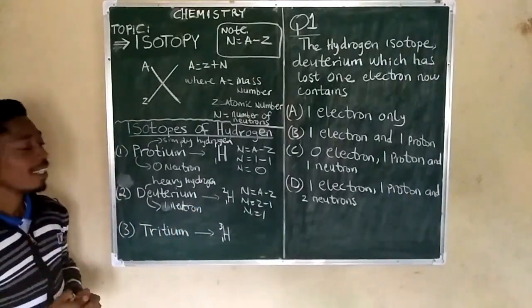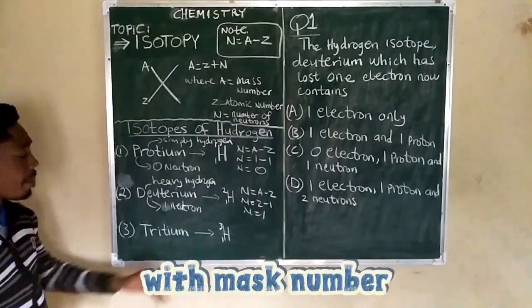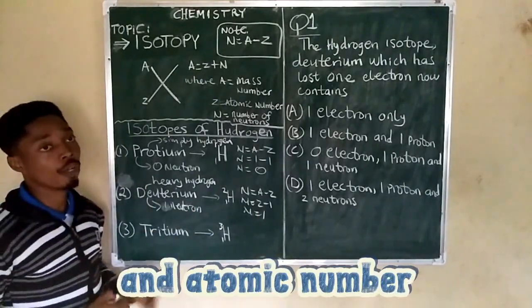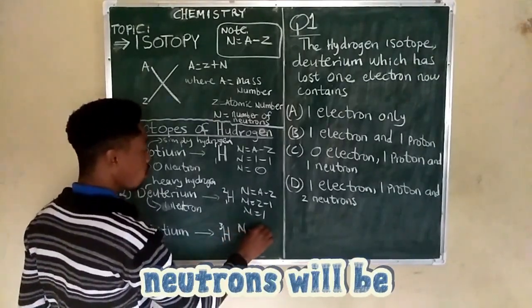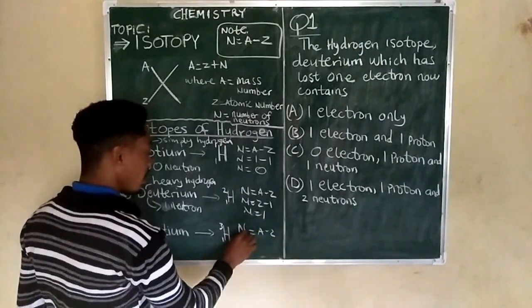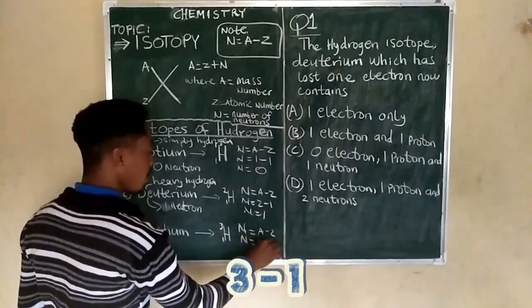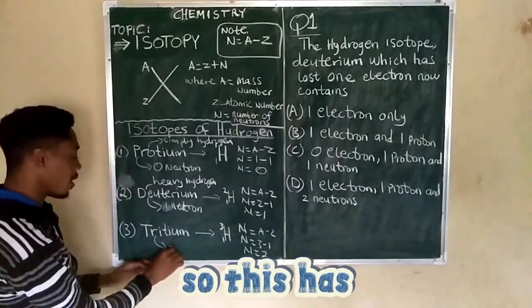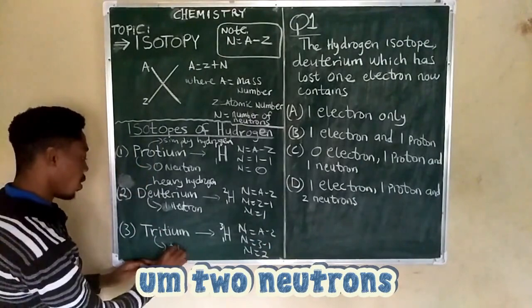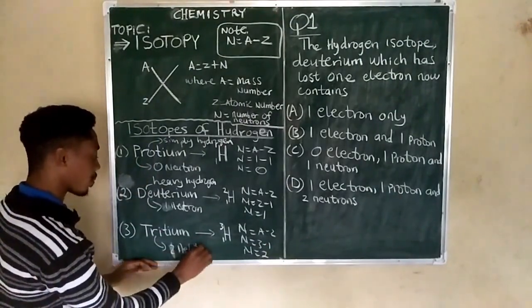Tritium. This is the third isotope of hydrogen, with a mass number of 3 and an atomic number of 1. So what will be the number of neutrons? The number of neutrons will be A minus Z, which is 3 minus 1, so the number of neutrons is 2. So this has 2 neutrons.